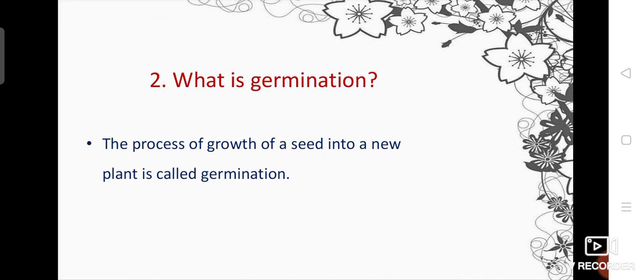If you are keeping a seed in the soil and you give enough water, enough sunlight and air, it will start to grow into a plant. That process is what? Germination. So the coming out of a new plant from the seed, that is germination.